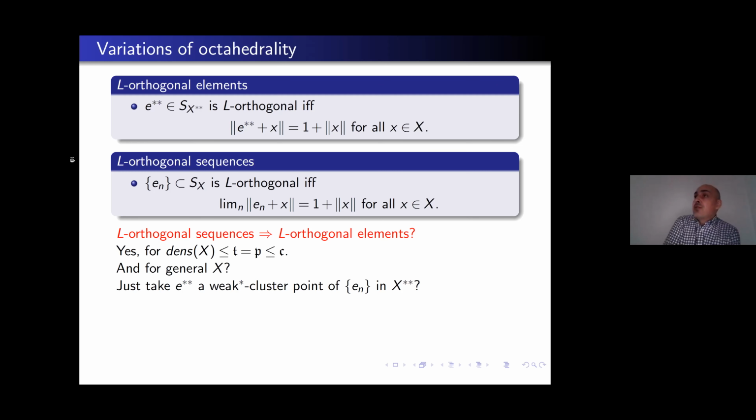If I have a set in the ideal, anything smaller is also in it, and it's also closed under finite unions. And a filter is the dual notion. It's a family closed under finite intersections and supersets. If I have a set in the filter, then any set that contains the given one is also in the filter.